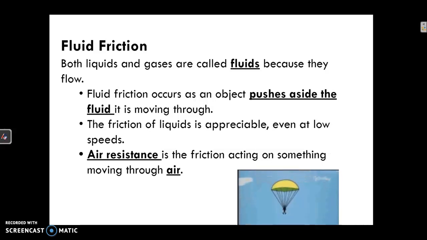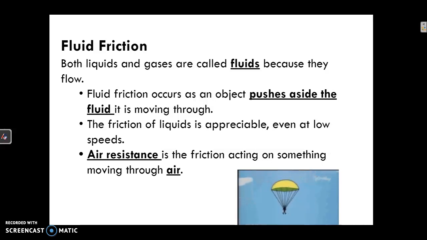So whenever I say, consider the effects of friction, make sure that you are considering this effect, especially if you're falling through the air. Okay, so anything in contact with the air is going to be affected by that air resistance friction. So just like our Wile E. Coyote, right, he's falling through the air.